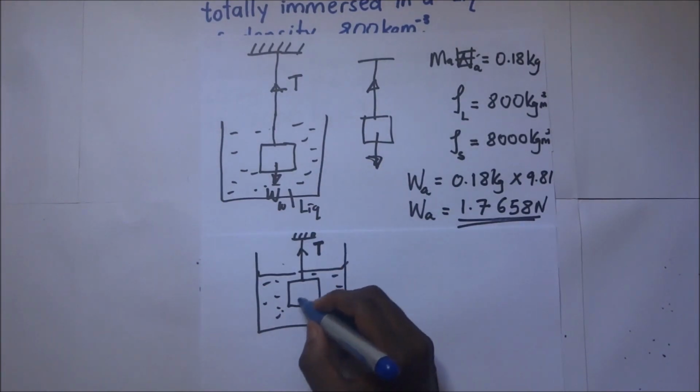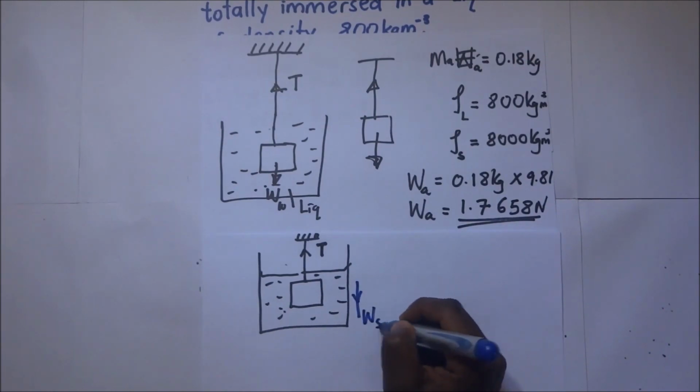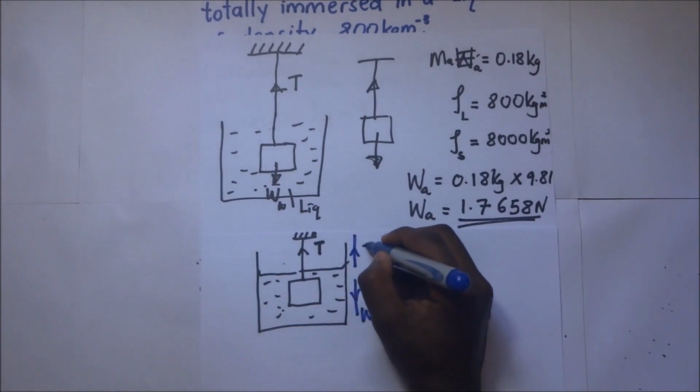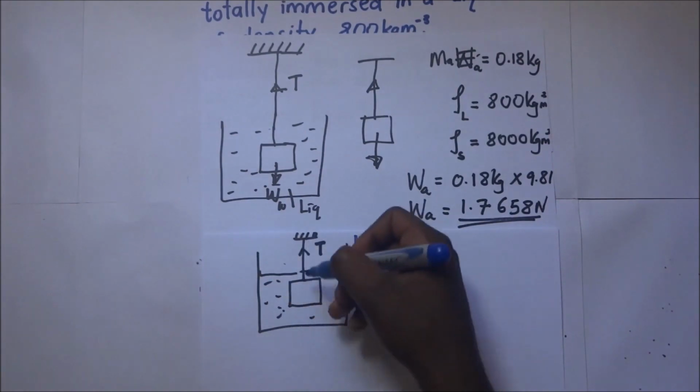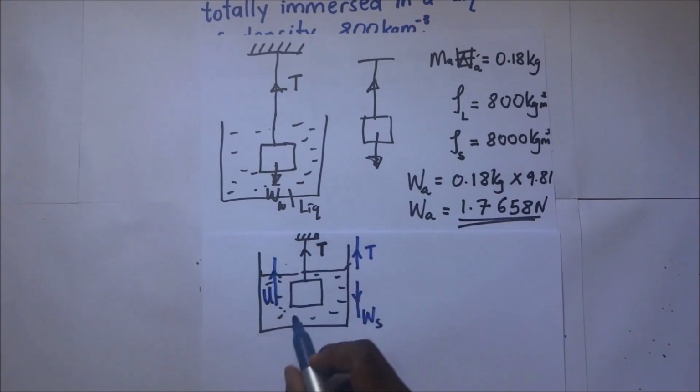We have the weight of the solid acting downwards. Then upward we have the tension acting in that direction. And also because this thing is immersed in water, there is the upthrust force acting on this body.